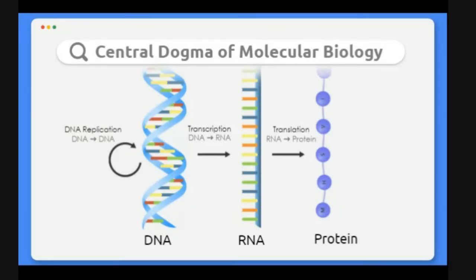So kapag nilagyan mo ng fluorescent probes yung telomeres mo habang nagka-karyotyping ka, pwede mong makita yung difference ng telomere length between tao na normal and tao na may cancer. And makikita mo, mas mahaba yung telomere length sa may cancer. Kasi again, overexpressed yung telomerase sa may mga cancer.